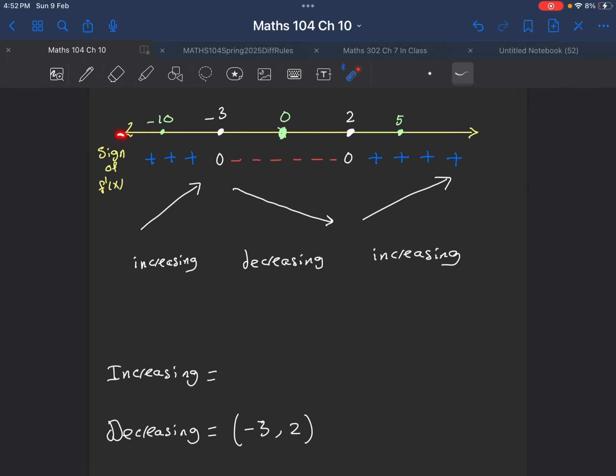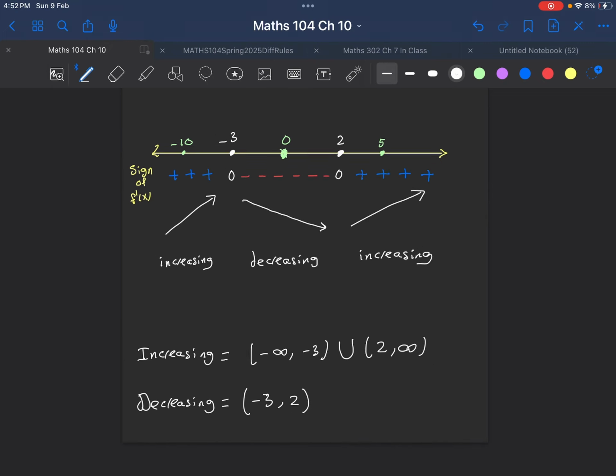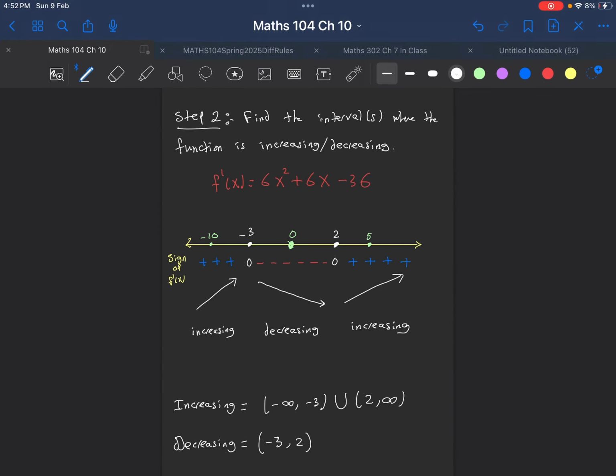Where the function is increasing, it starts from -infinity to -3. And then you continue from 2 to infinity. And then you join them by the union sign. So this is where the function is increasing and decreasing.